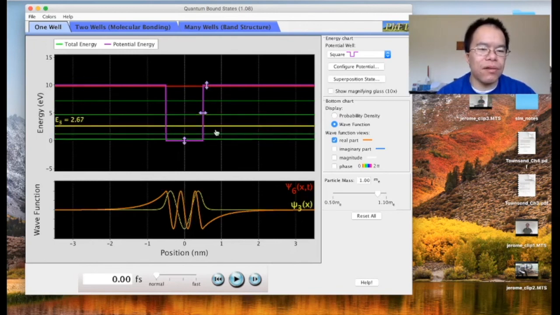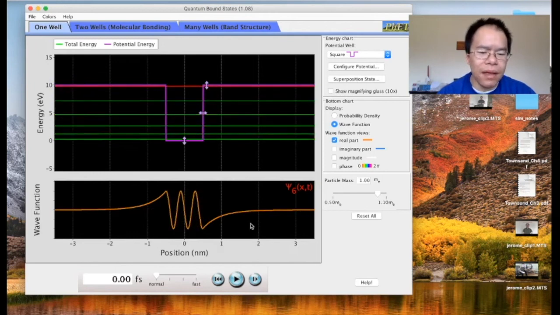Also, notice that there's only a finite number of bound states here. And the thing to think about is the wavelength inside the well compared to the case when I look at the infinite square well.